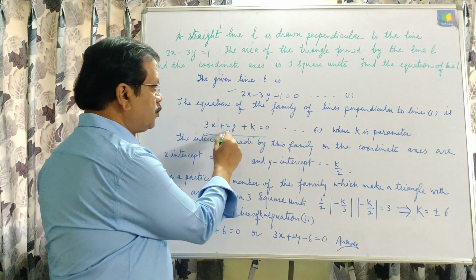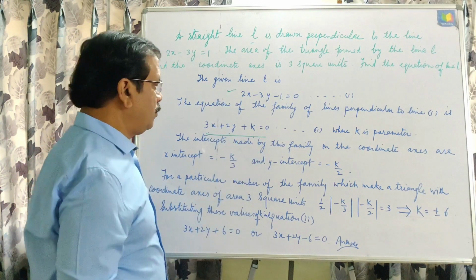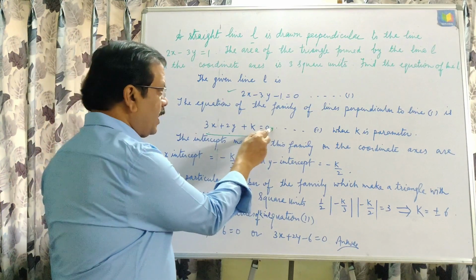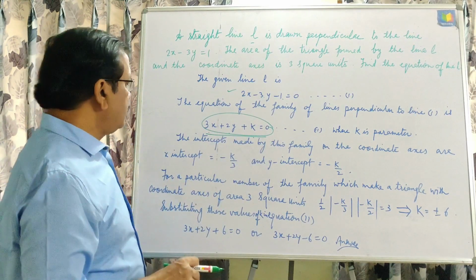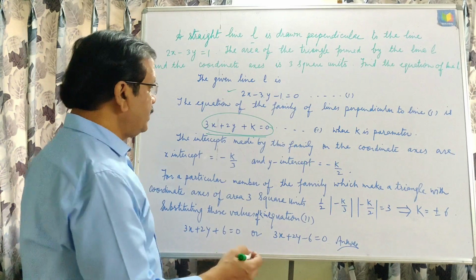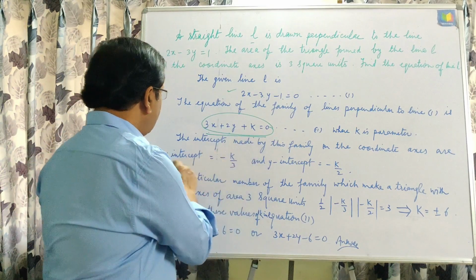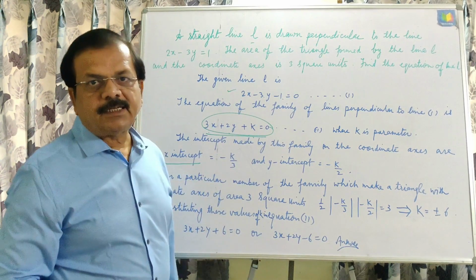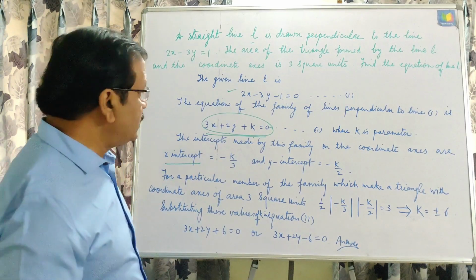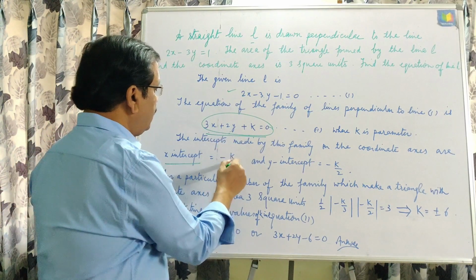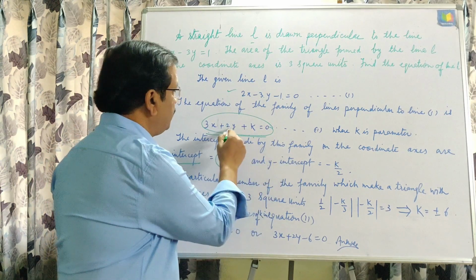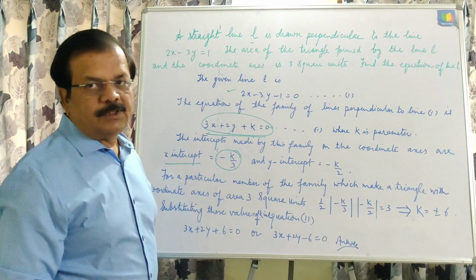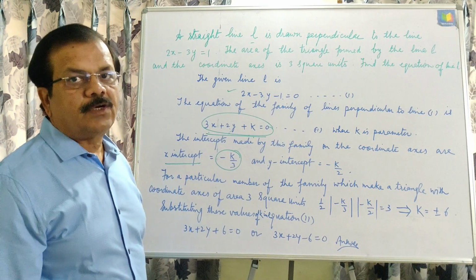Then 3x plus 2y plus k is equal to 0, and this is having so many lines. It has the x intercept, putting y equal to 0, which will be minus k upon 3, and the y intercept will be minus k upon 2, putting x equal to 0.